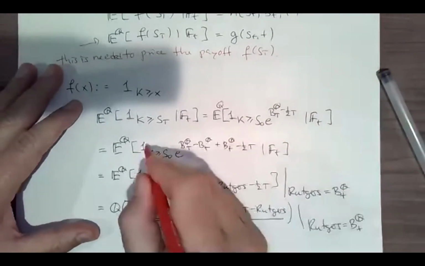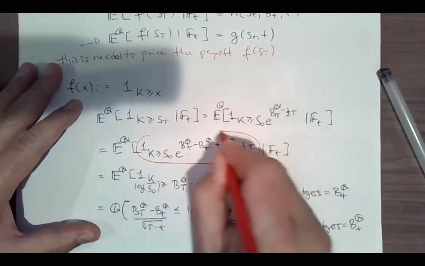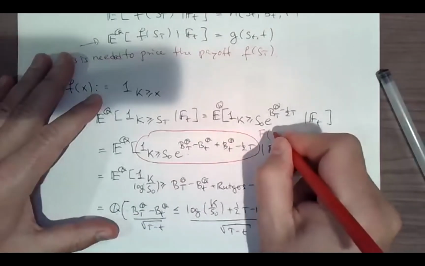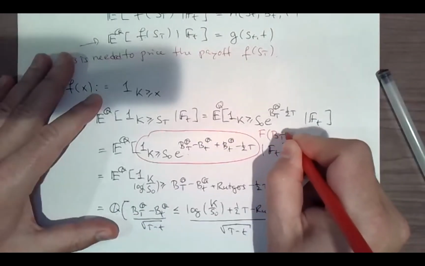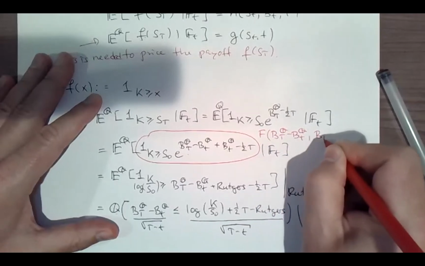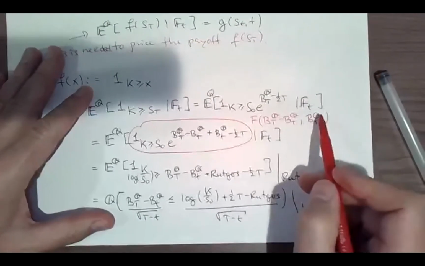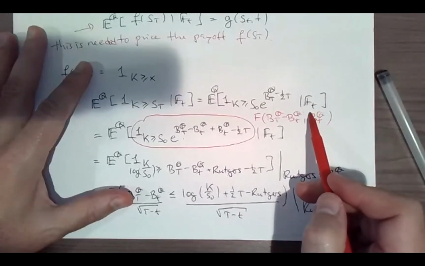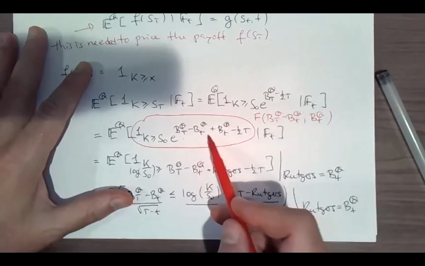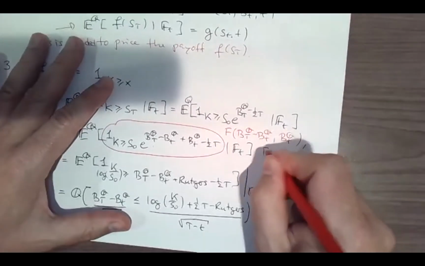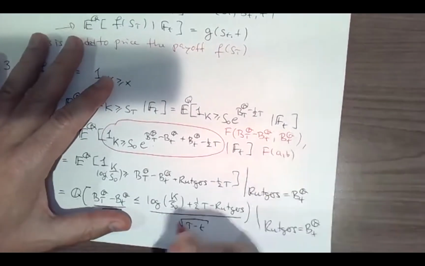Let me write it in red here. This mess here is some gigantic function of the increment and the little one. It's not a particularly pretty function, but it's just some big function where we can even write out what is f of a comma b.